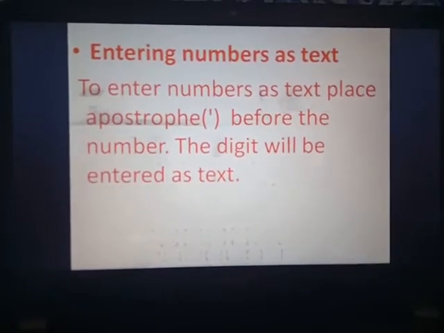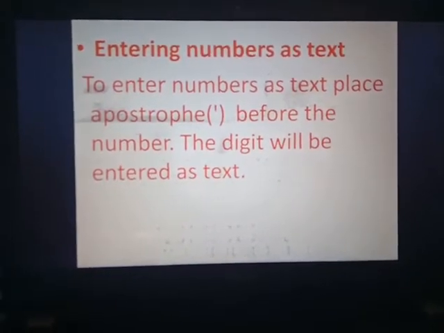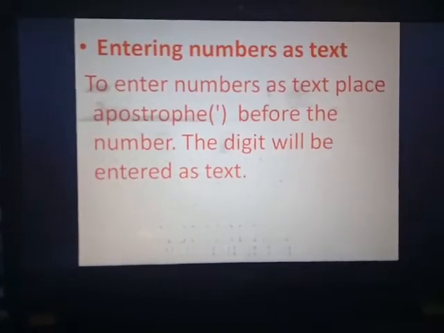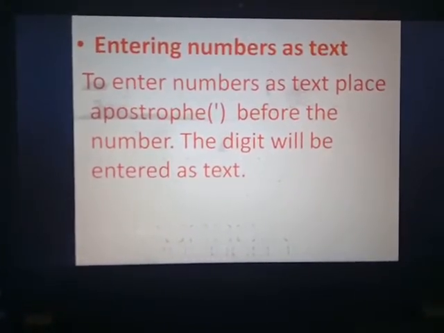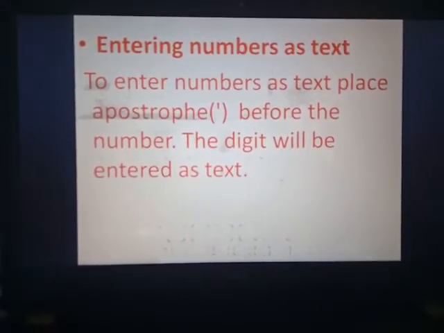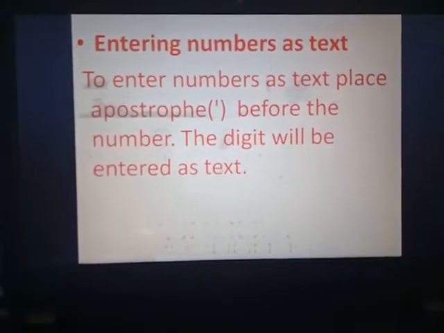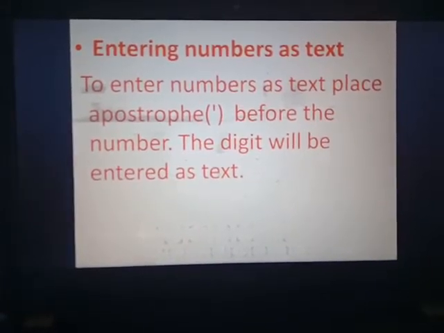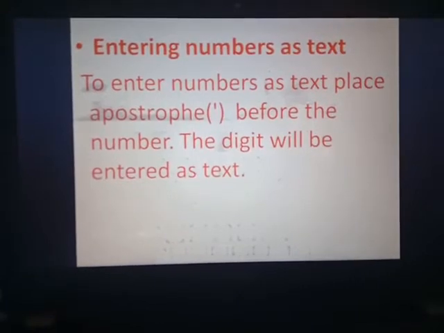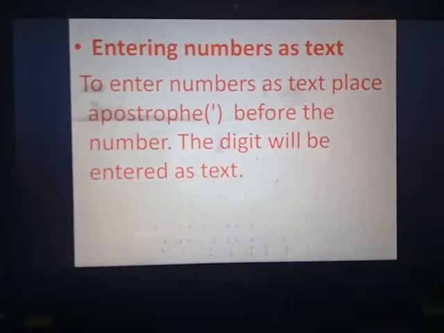Entering numbers as text. As we all know, when we write numbers, they are numeric. 1 2 3 4 is a numeric number. But if we have to enter the same thing as text, like our home address, something like 37 Curzon Road, 37 is numeric, but we have to write it as text.